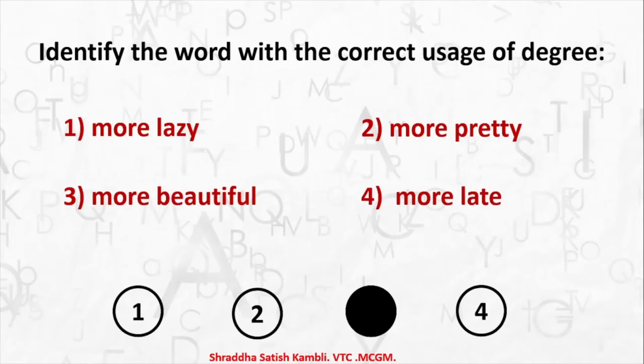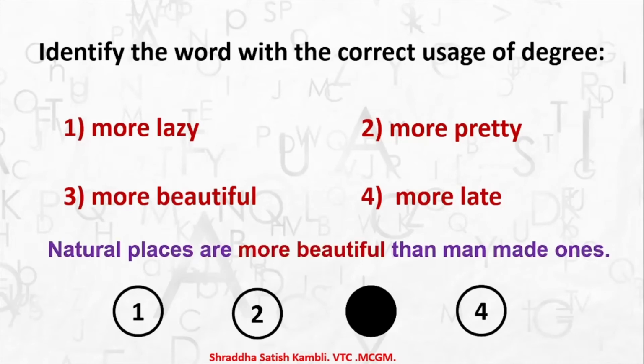Let's see, here you have the example sentence. Natural places or natural structures are more beautiful than man-made ones. So this again depends. Okay, for some people, going to the valleys and the mountains is a better experience. So for me, seeing valleys and mountains is a better experience. I find that valleys, mountains, hill stations are more beautiful than places like malls or places like theaters, etc. So natural places are more beautiful than man-made ones.